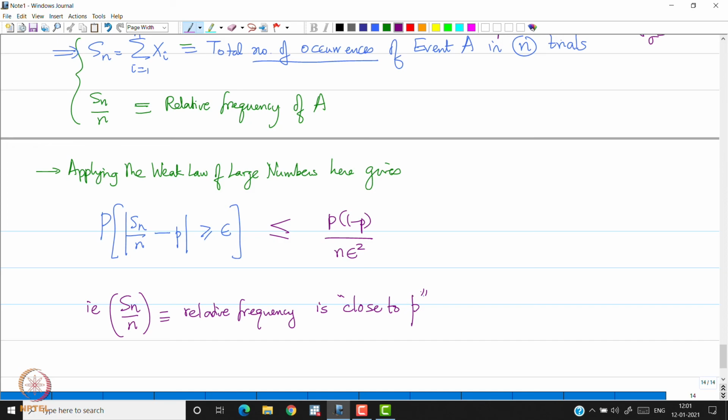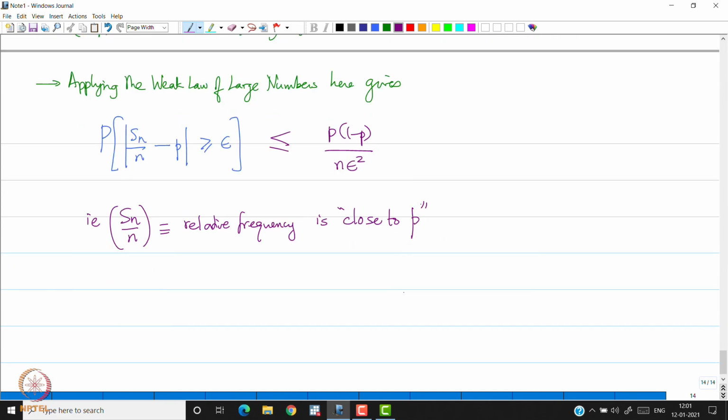So this is exactly what happens in most cases, or most instances, shall I say. What is an instance here? Each instance is going to be a repetition of n trials. Each instance is a set of n trials.